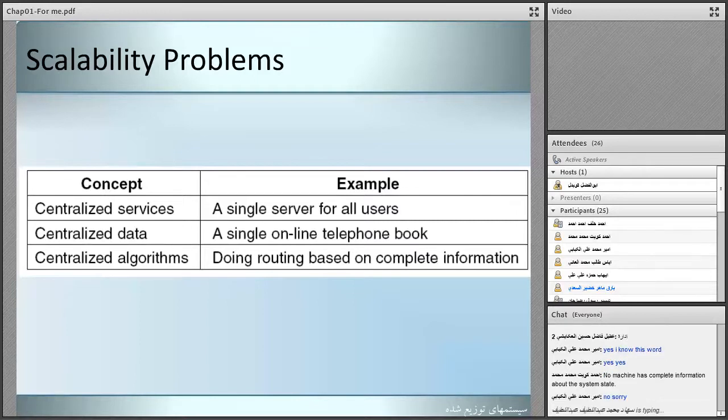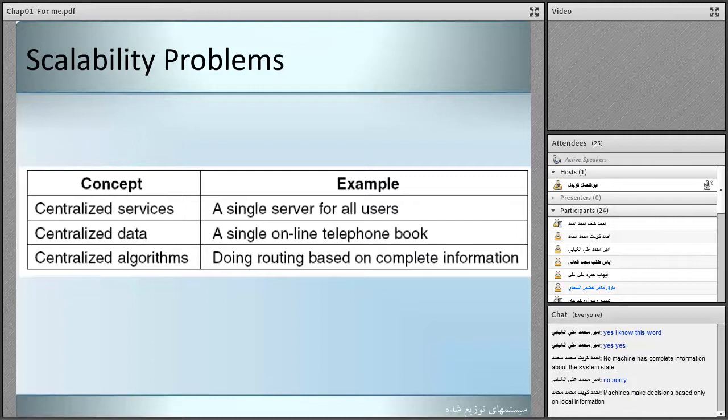Okay. Centralized means متمرکز. Centralized services, serviceهای متمرکز. If we have centralized services in our system, then by adding the number of users, the performance is decreased. Why? Because all the users want to access this server. We have only one server and we have many users.